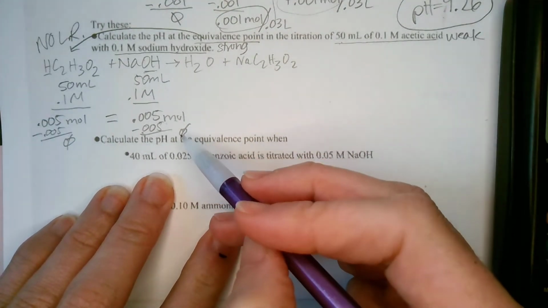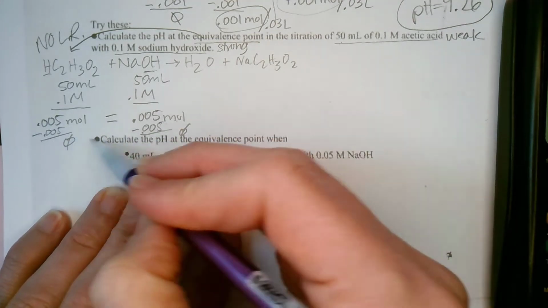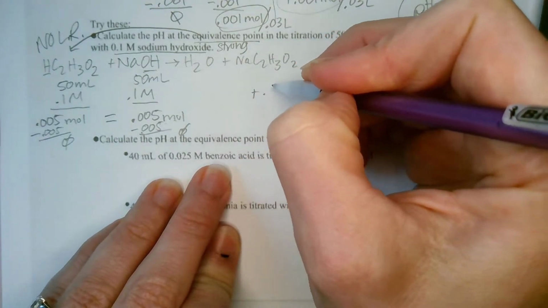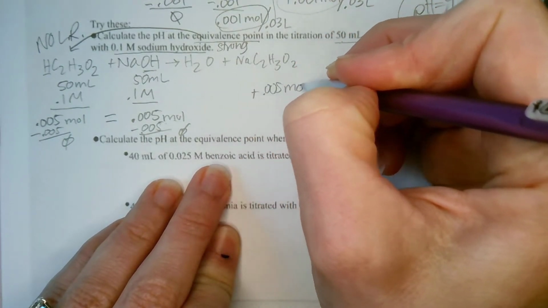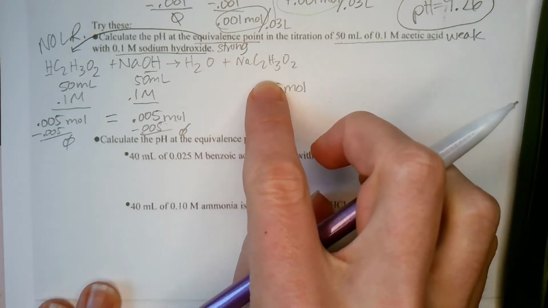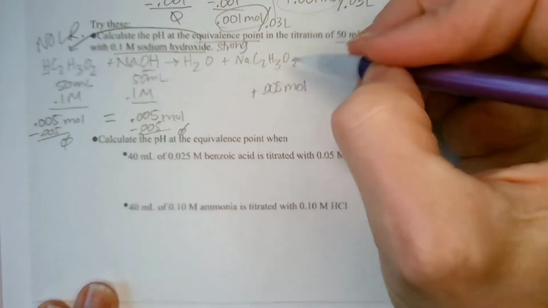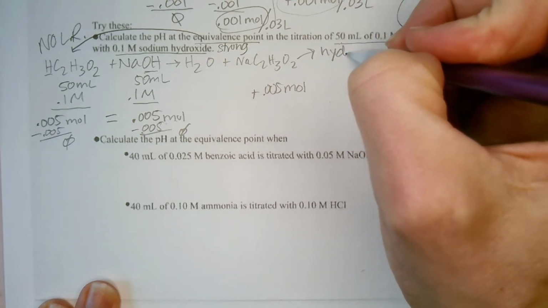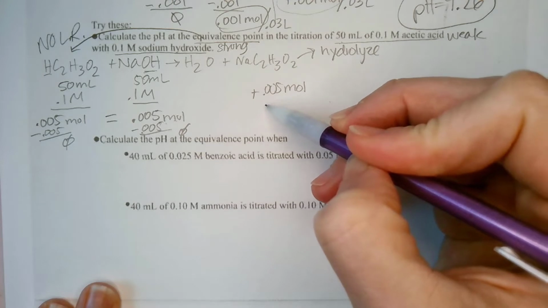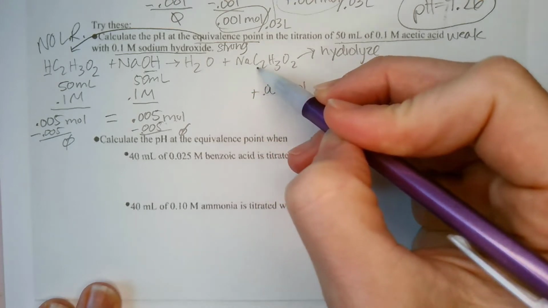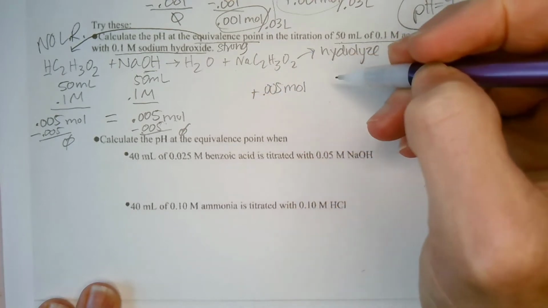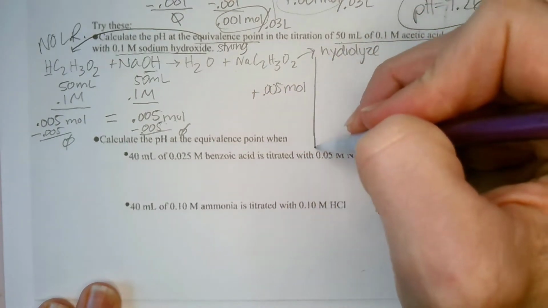All right, now we also know that if we're losing reactants, we are gaining products. So plus 0.005 moles of, remember, my salt is going to hydrolyze, and this is going to split, right? Sodium and acetate.